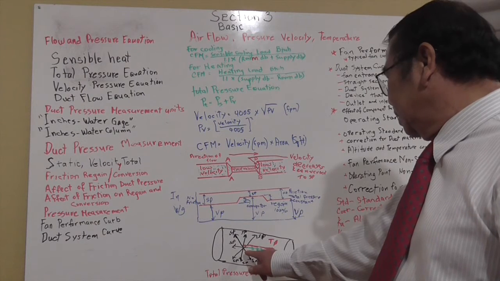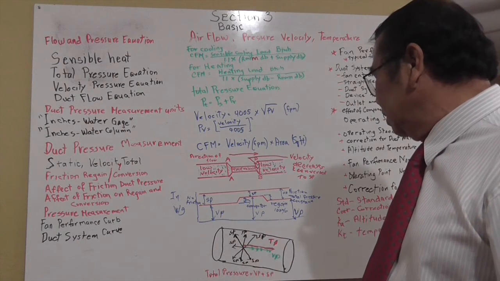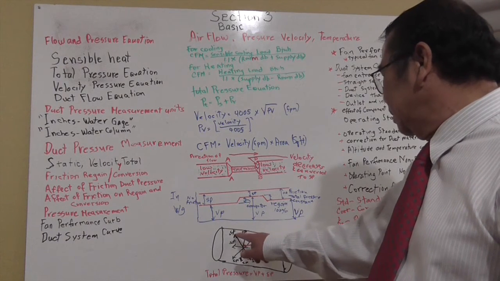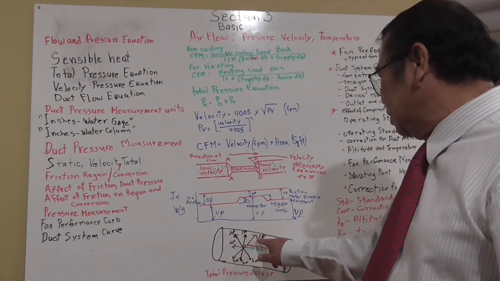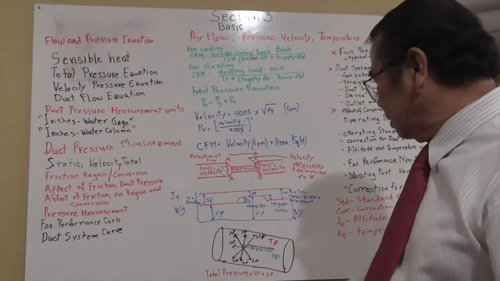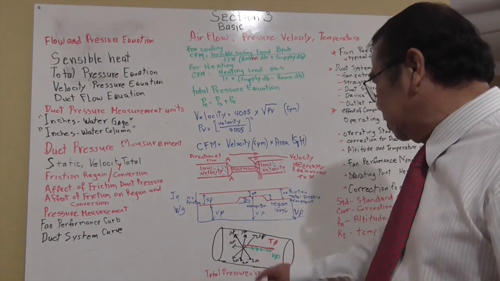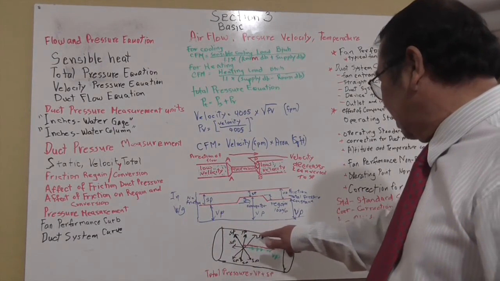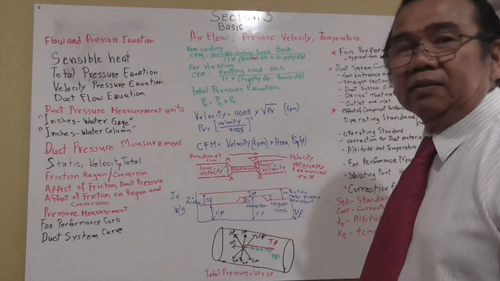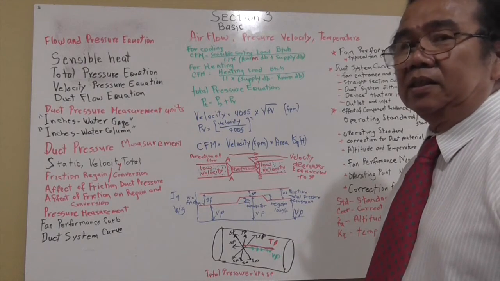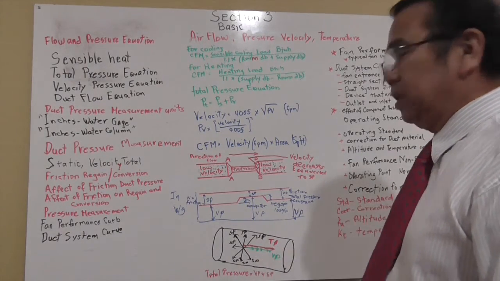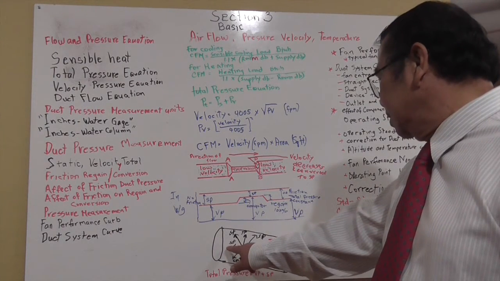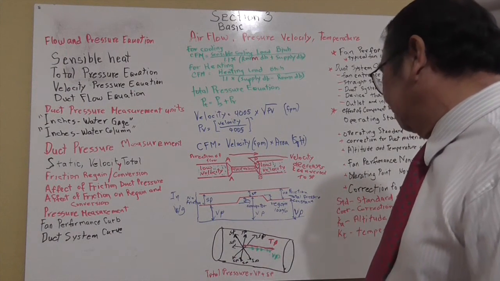I have the black color in the diagram, which is spread all over. You've got SP, SP, SP, SP in black. That means SP is static pressure, which is hitting right on the duct, the pressure inside there. And then we have the velocity pressure, which is the pressure inside the duct while the air is moving.